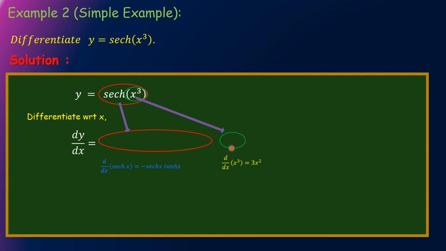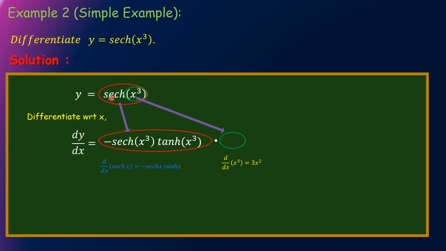And we can refer to this formula, which is the power rule. And then in between the circles should be a multiplication. Okay, when we differentiate sec x cubed, we can refer to the derivative of sec x, which equals negative sec x tan x.